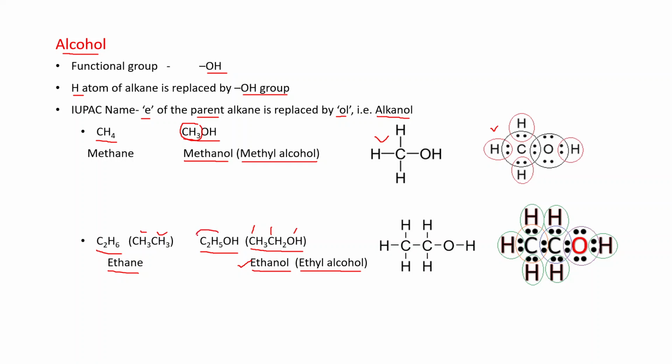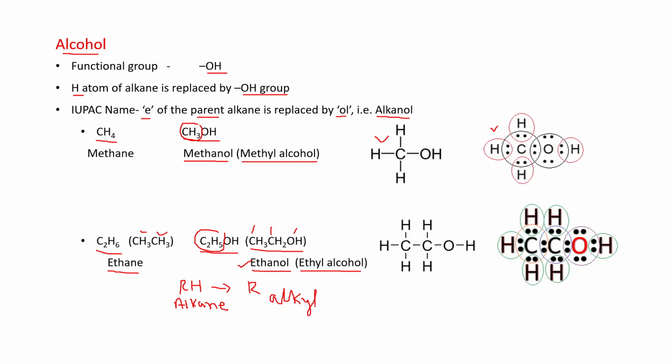This group, C2H5, is called ethyl. Now I think you have understood: if RH represents an alkane and one hydrogen atom of this alkane is removed, then we get R, which is alkyl.